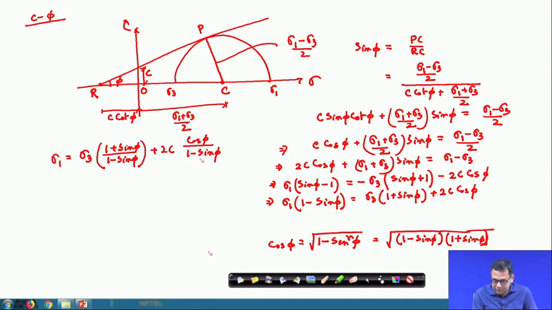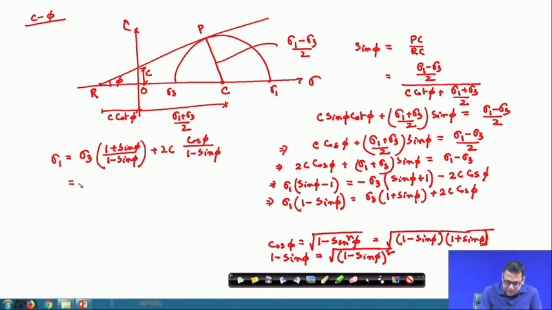Okay. So, 1 minus sin phi is nothing but root over (1 minus sin phi) square. So, now if I put these things, here 1 minus sin phi and 1 minus sin phi will cancel out, and there will be root over (1 plus sin phi) divided by (1 minus sin phi).